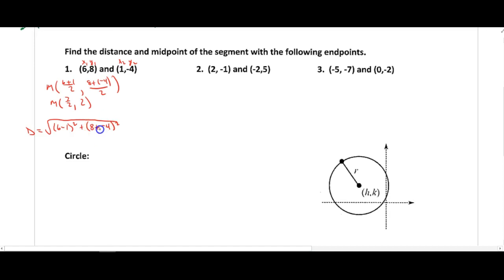But when I subtract that negative, it becomes a positive. So it ends up being the square root of, this is going to give me 5, and 5 squared is 25, plus this is going to give me 12. 12 squared is 144. And 25 plus 144 is 169. And the square root of 169 is 13. Okay.